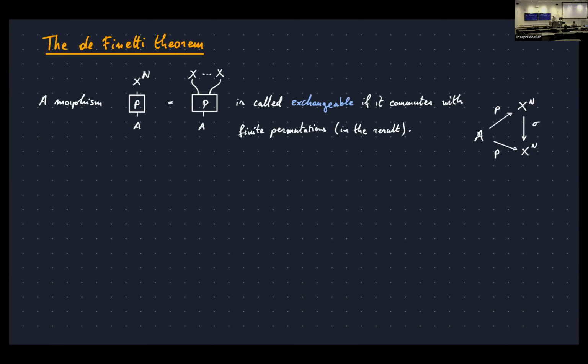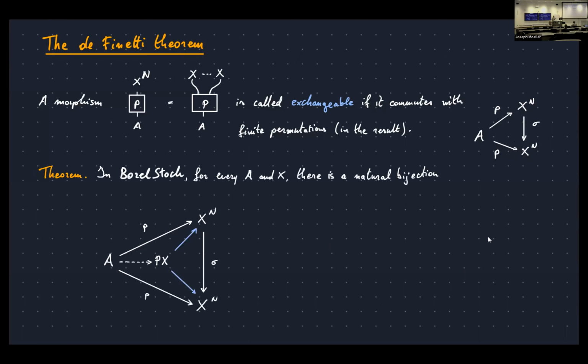We're saying that P makes this diagram commute. It's an infinite, countably infinite group acting on the set, and P is an invariant morphism for this group action. That's a commutative diagram, a cone. So as category theorists, we might want to ask, what's the limit? What does De Finetti's theorem say? Well, in Borel stoch, for every X, there is a natural bijection between, De Finetti didn't say natural, but it is natural.